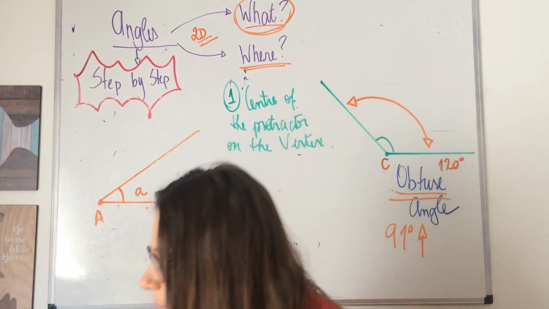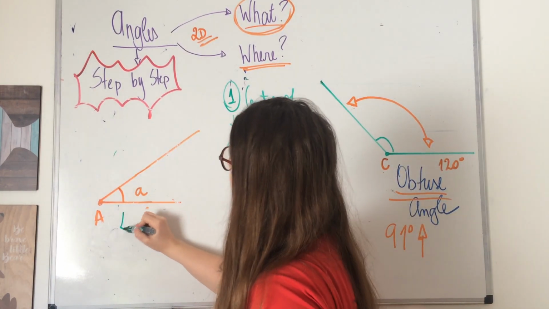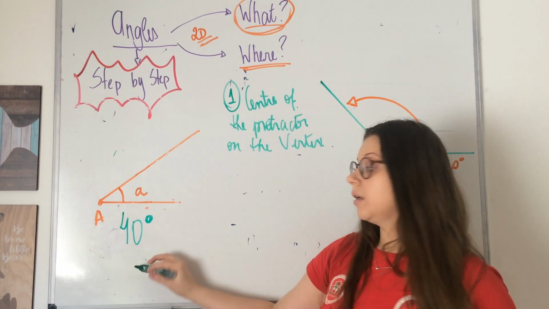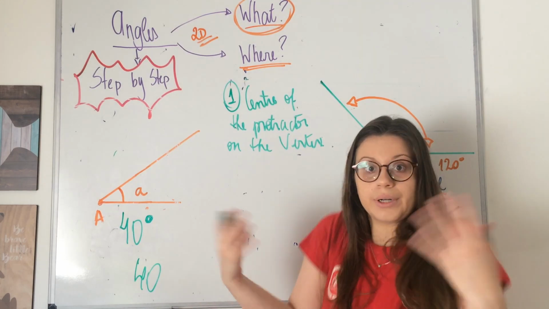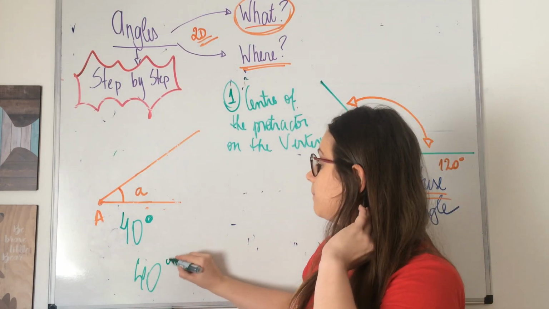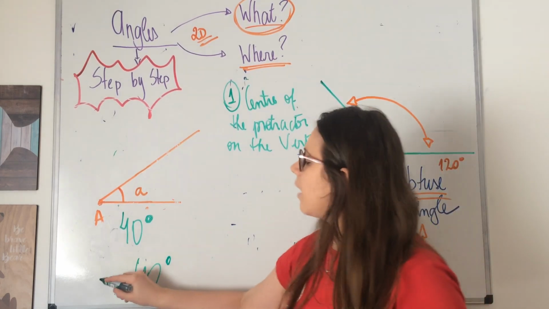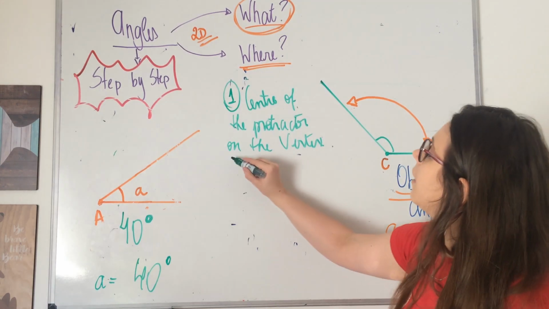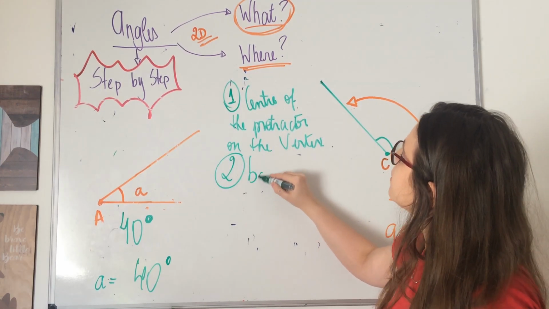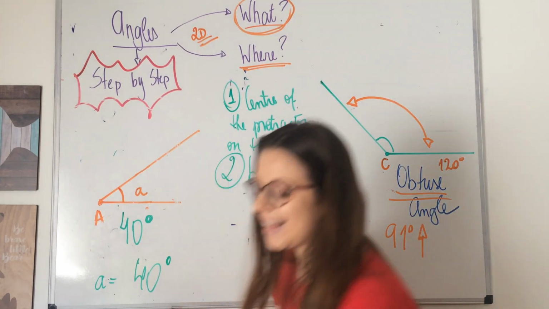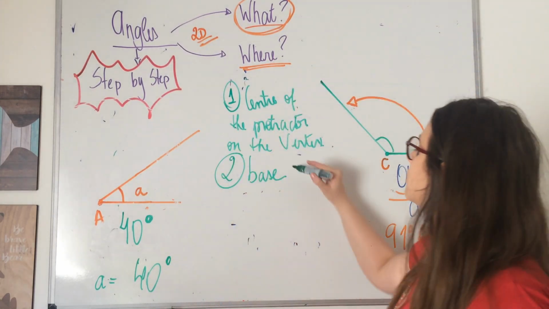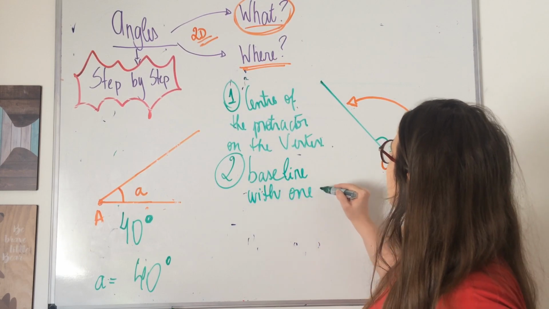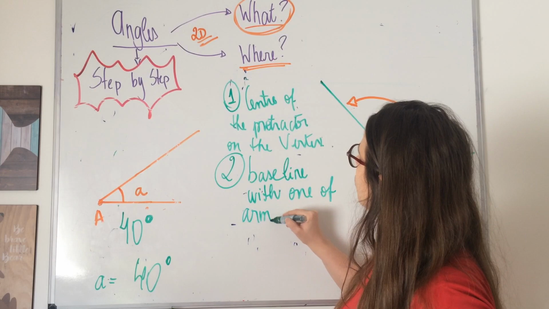So let's go to the next steps. Because we measured, we found 40 degrees. Important. It's not 40 what? 40 candies, $40, 40 degrees. And tell me which angle you measured. The angle A measures 40 degrees. Step 2, baseline. So the baseline of the protractor with one of the arms of the angle.